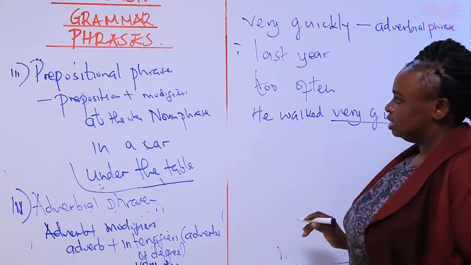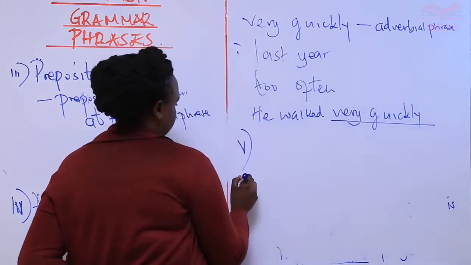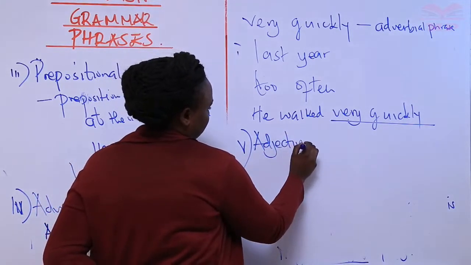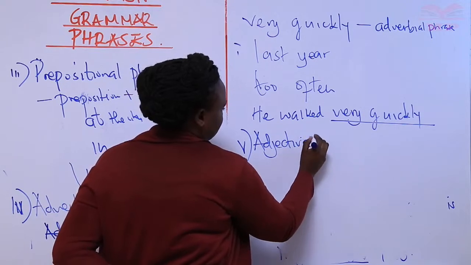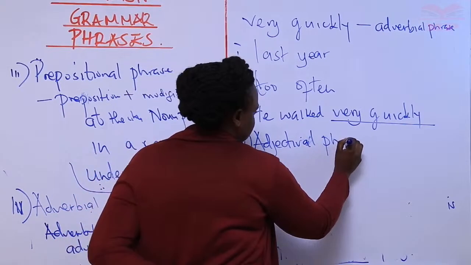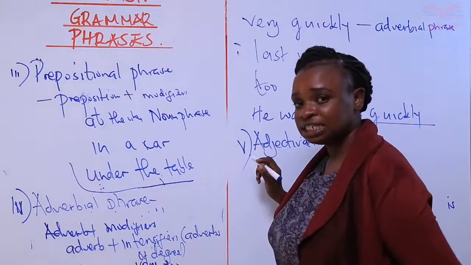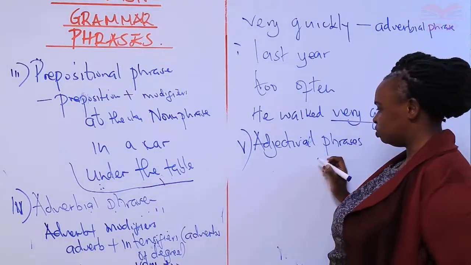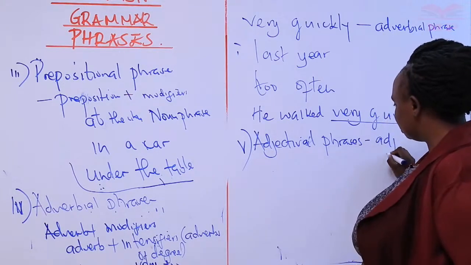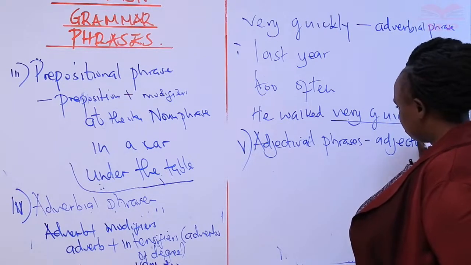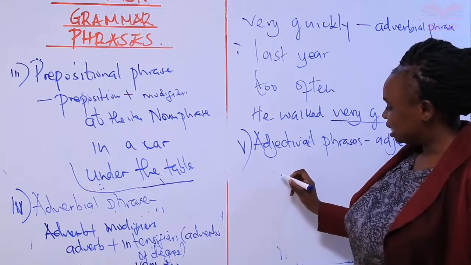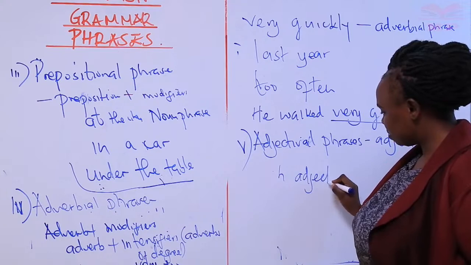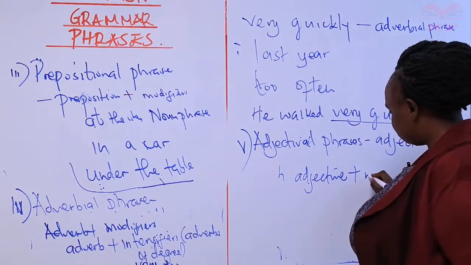All right. Now we have the fifth one, which is an adjectival phrase. Like we said, an adjectival phrase is a group of words that functions as an adjective. In this case, the head word is the adjective and its modifiers.